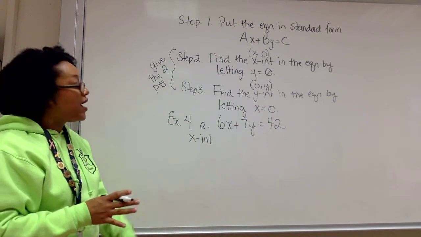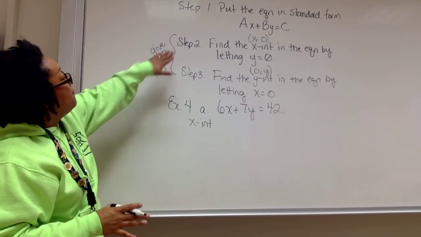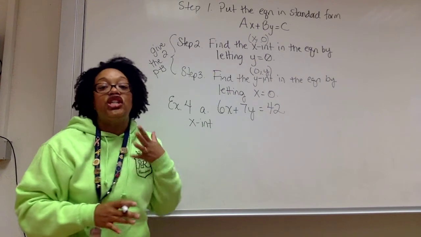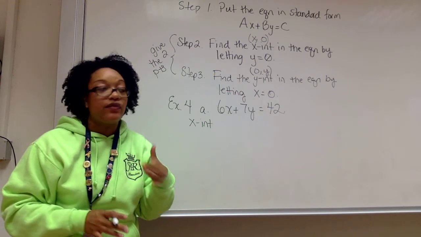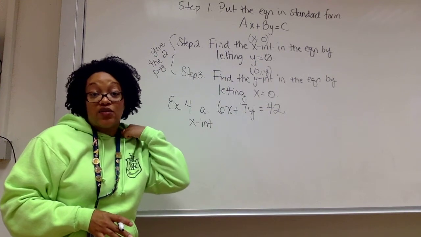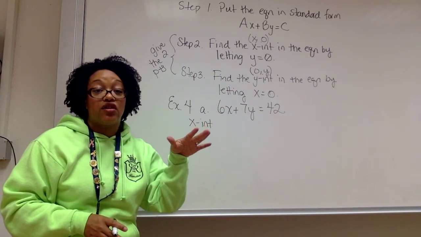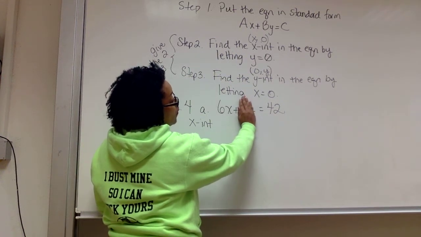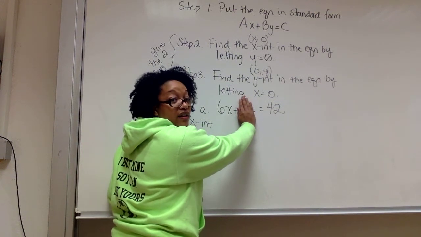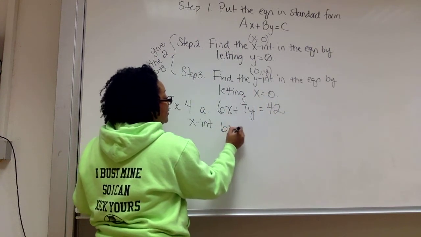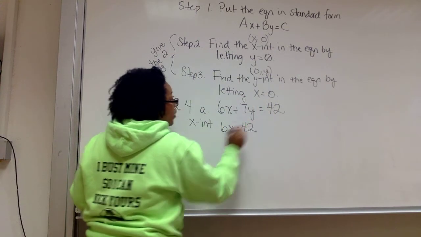So if I want to find my x-intercept, and I'm going to write it down because that's just good note-taking. If I want to know what my x-intercept is, my step 2 says I need to let y equal 0. Well, we should know by now that whenever your y is equal to 0, or a variable is equal to 0, it knocks that entire term out. So if my y is equal to 0, that means this entire term is gone. Which means all that you have left is 6x equals 42.